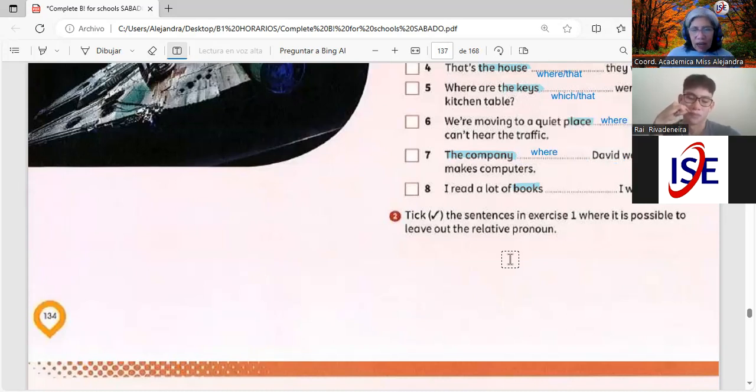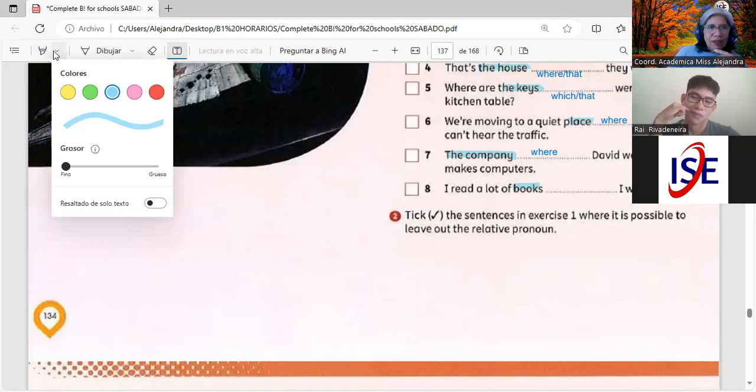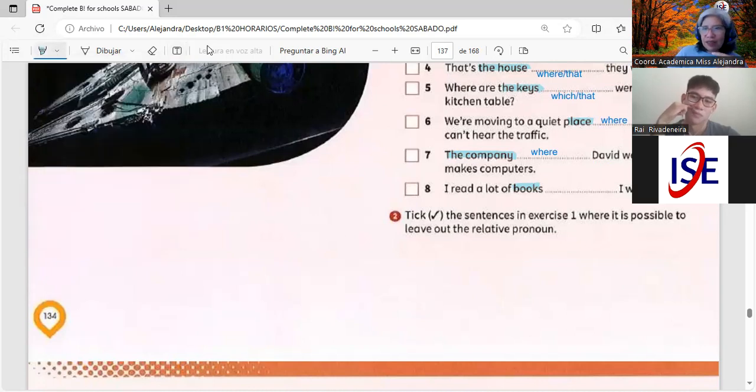I read a lot of books. I was ill. Here we need to think a little. What is important, the books or the moment when the person read the books? Sometimes it's not so easy. You need to understand.